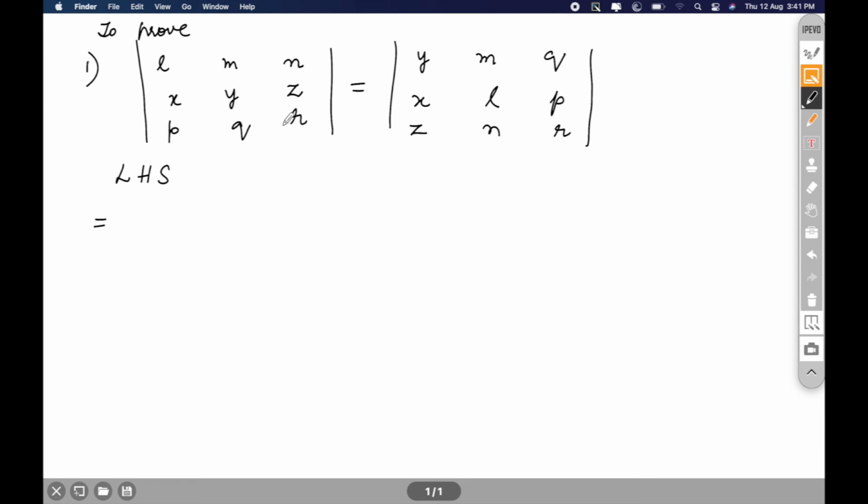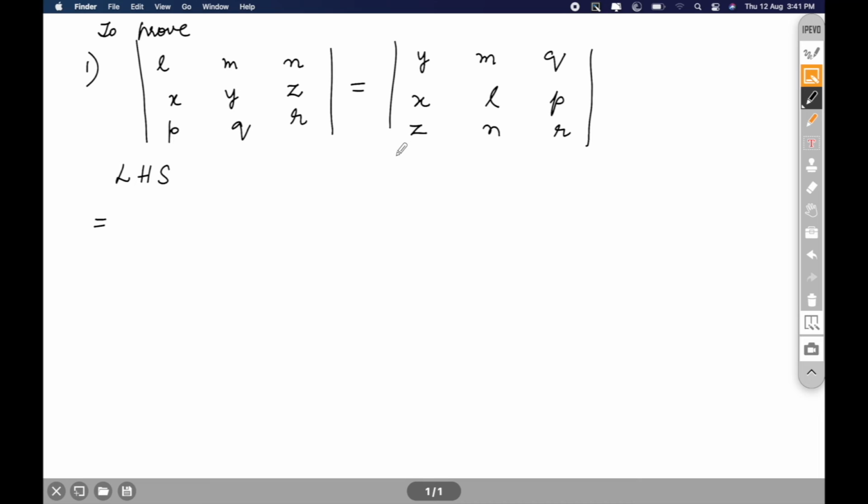So here what do we observe? The elements in the left hand side determinant are the same as the elements in the right hand side determinant, right? But only the positions of the elements are different. So here we will think of properties which help to change the position of the elements.